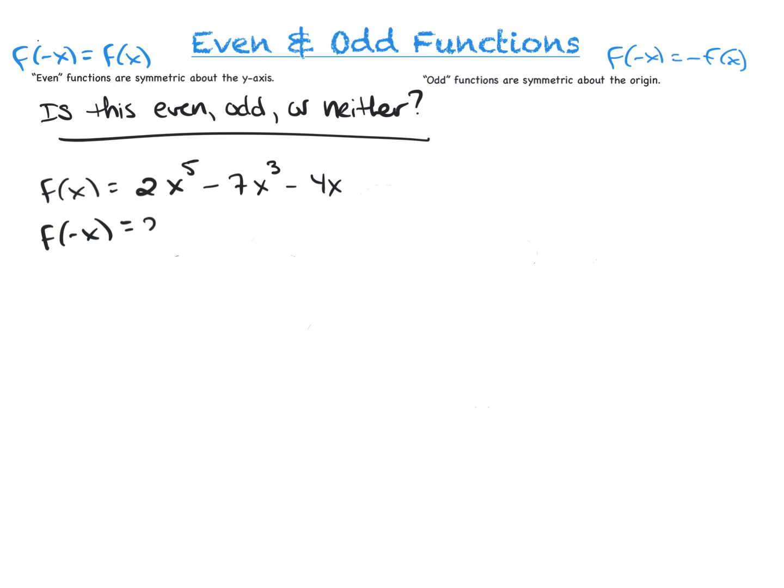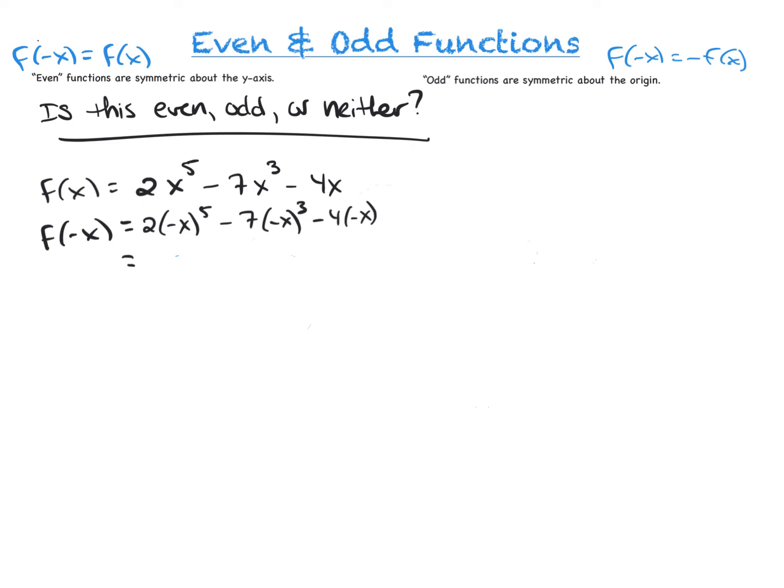Plugging in a negative x everywhere we see an x, we have 2 times negative x to the fifth power minus 7 times negative x to the third power minus 4 times negative x. And we'll simplify all of that.